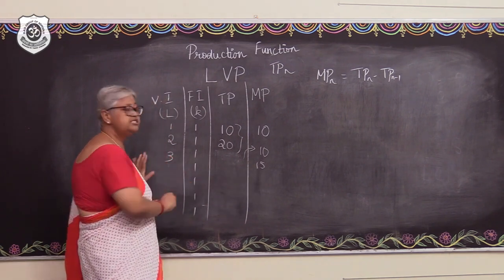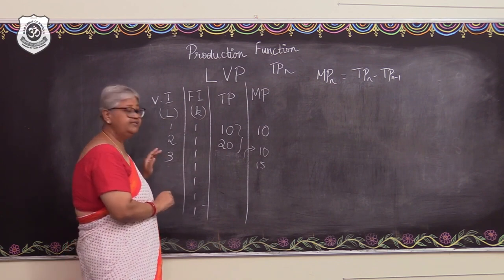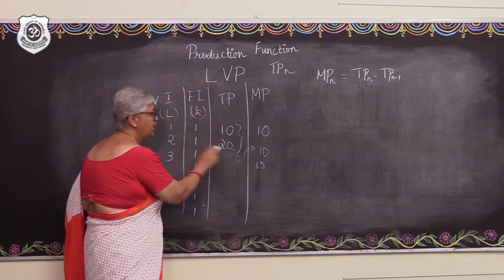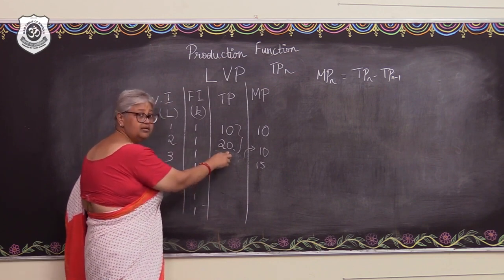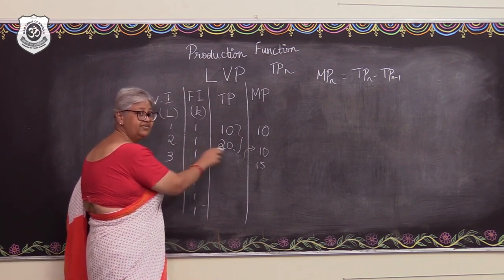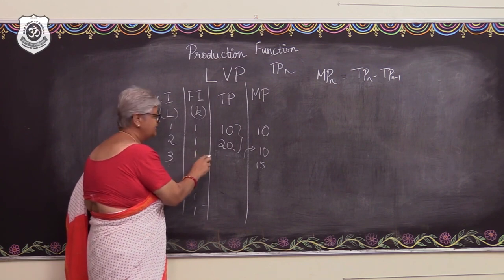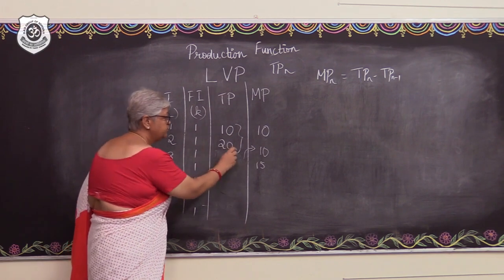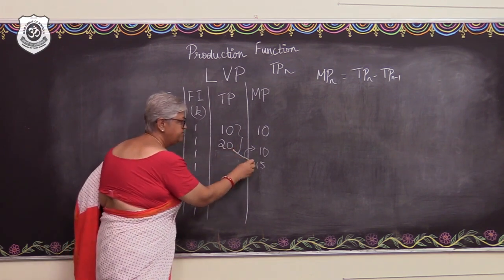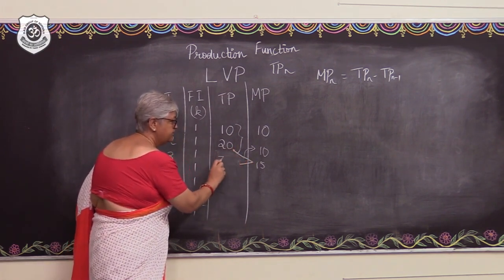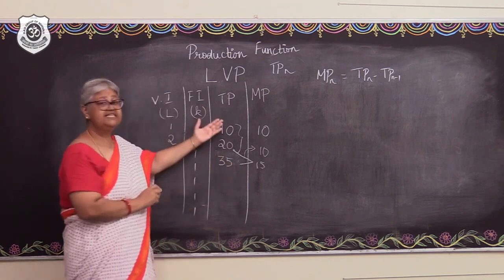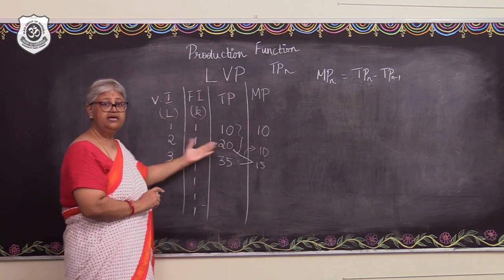So what is the total contribution made by all the three? 2 people are going to produce 20 units with some amount of capital. The third person is also going to be employed in the process of production. So this 20 plus 15 is going to be 35 as a total product.